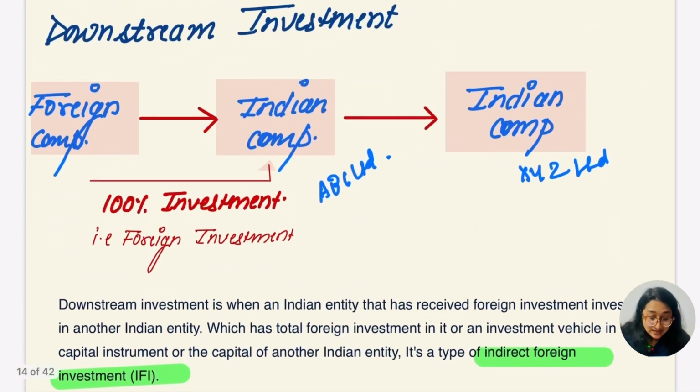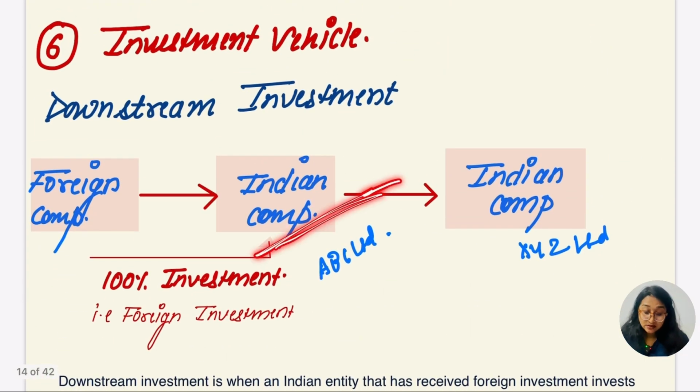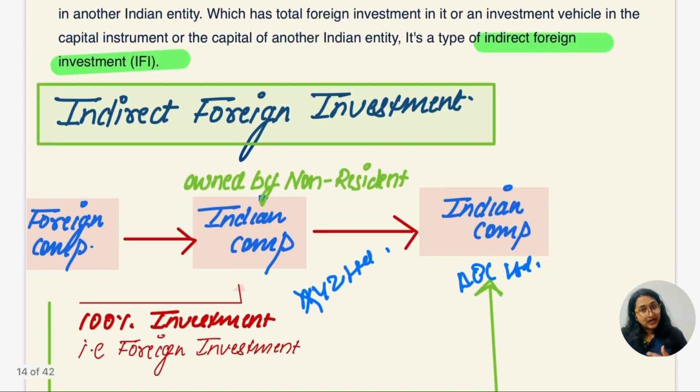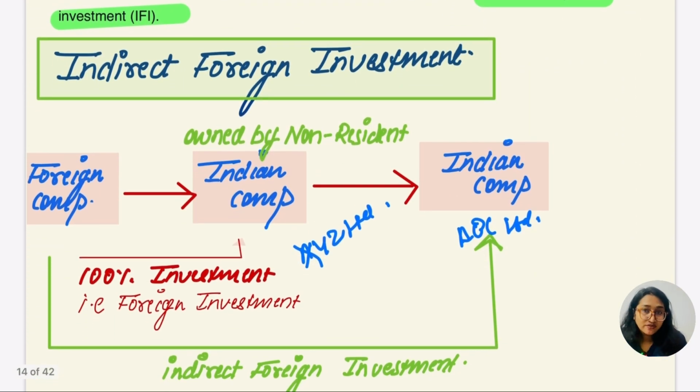But in the earlier case, downstream investment, the Indian company was owned by whom? The resident of India. This is the major difference here. So indirectly the investment is done.